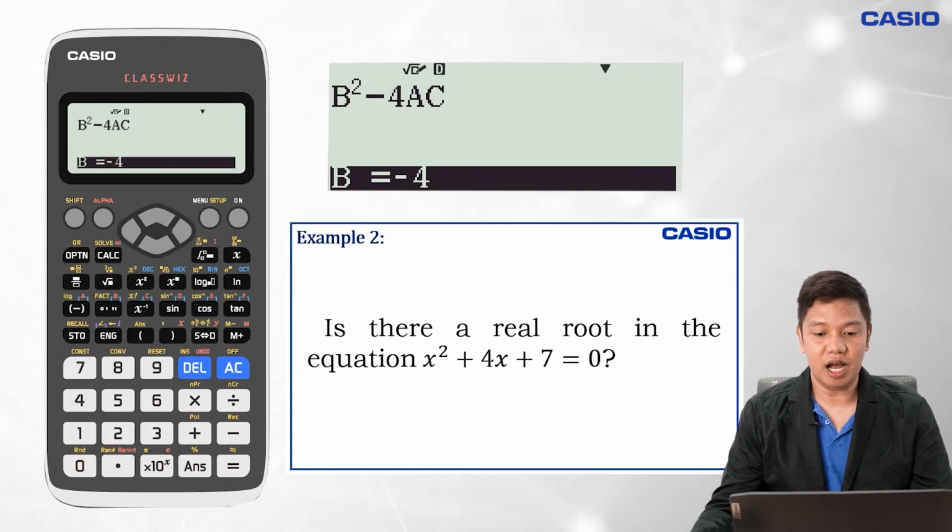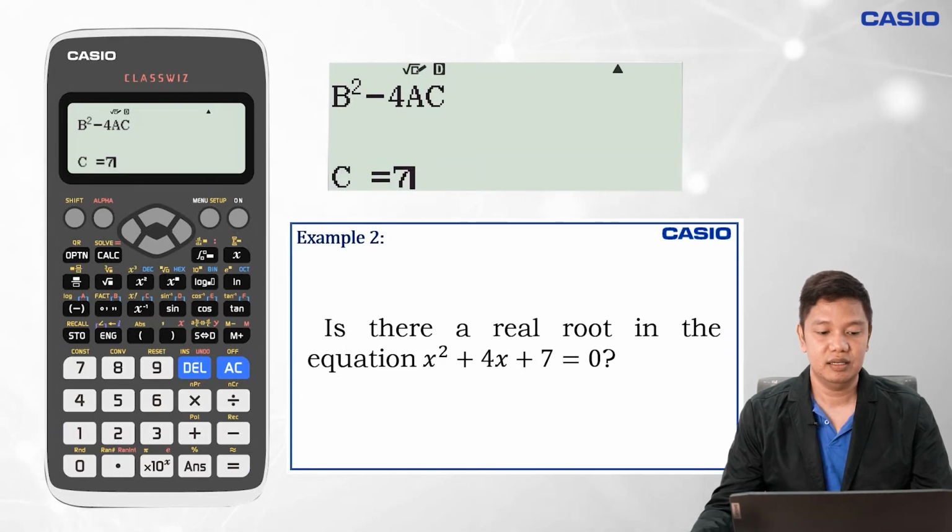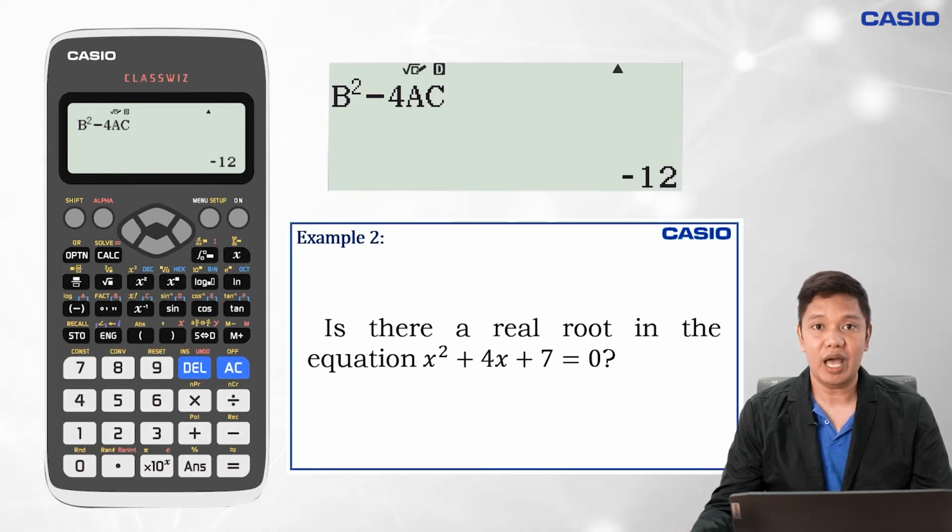In this case, our b is +4, so we press 4 and then equals, and then a is equal to 1, and then equals, and then this time your c is +7. Pressing equals, we have the value of the discriminant as -12. Since the discriminant is less than 0, then we can say that there is no real root for the given equation.